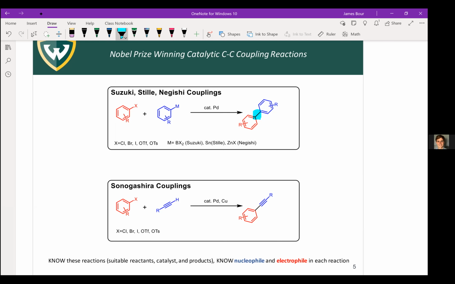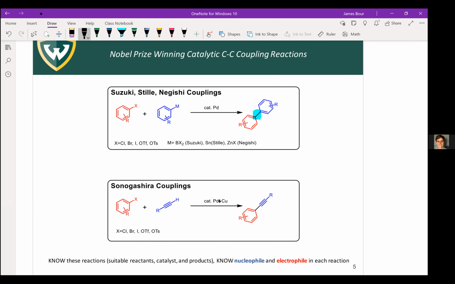Another closely related reaction that we'll be studying is called the Sonogashira coupling. In this reaction, we take, again, an aryl electrophile, highlighted in red here, with an alkyne. This allows us to form alkynyl aryl bonds using palladium and copper catalysis. So this would be better depicted as palladium plus copper. Oops.